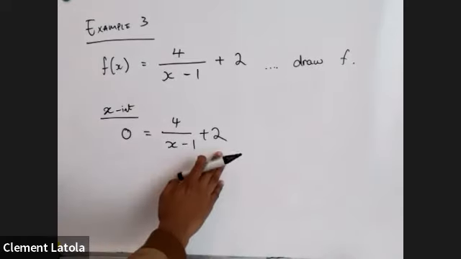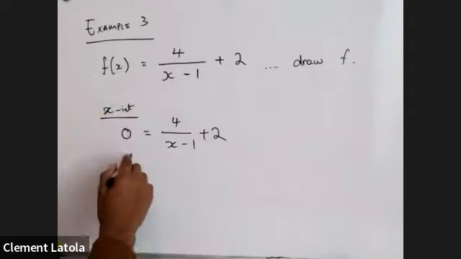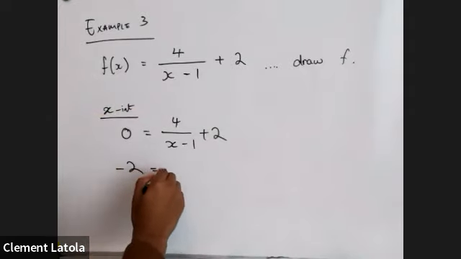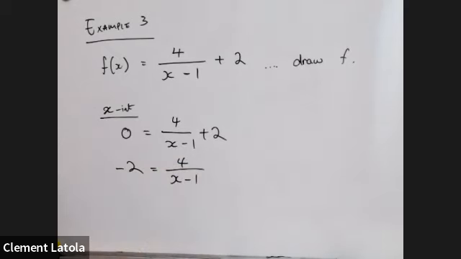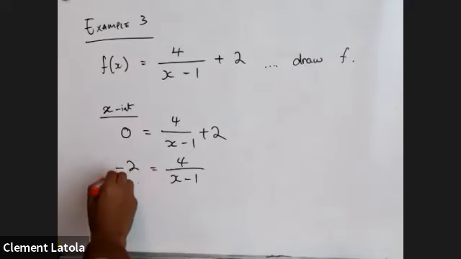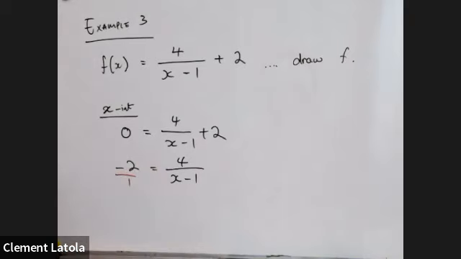Okay, now we can just solve for x by taking the 2 across and then cross multiply. My method of solving this is not always the best method, but it's an effective one. It's one that I use very often. So I take the 2 across and then I cross multiply.